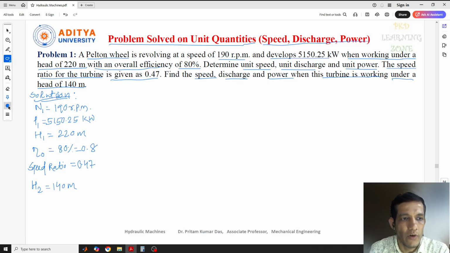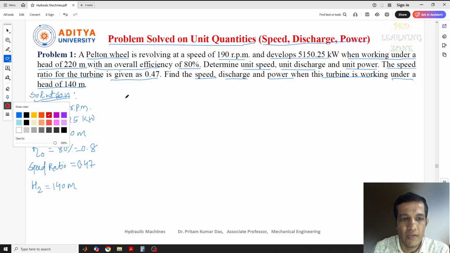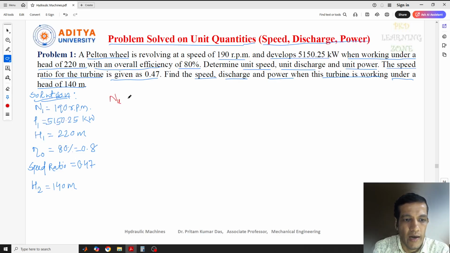We know the formulas we saw in the last lecture. Unit speed is denoted by NU, and the formula is N1 divided by root over of H1. Similarly, unit discharge is denoted by QU, and the formula is the same: Q1 divided by root over of H1.